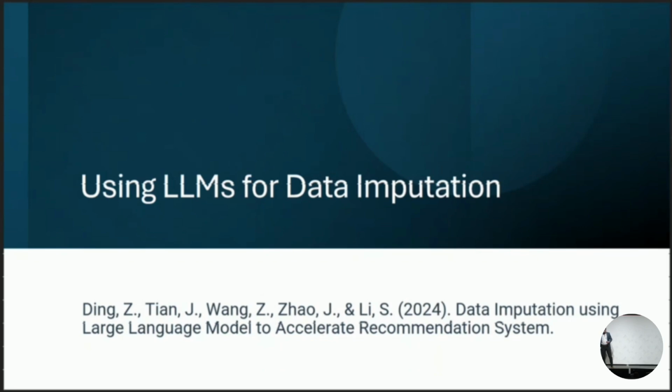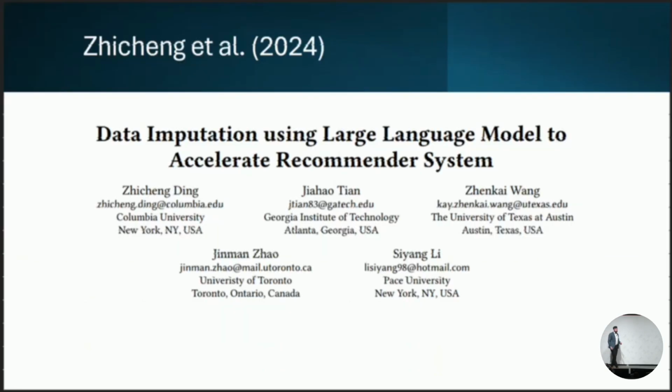As Rogers starts to look at different ways we can use AI, different ways for ourselves as opposed to a chatbot, I stumbled across this study by Zhicheng and company, "Data Imputation Using Large Language Model to Accelerate Recommender Systems."